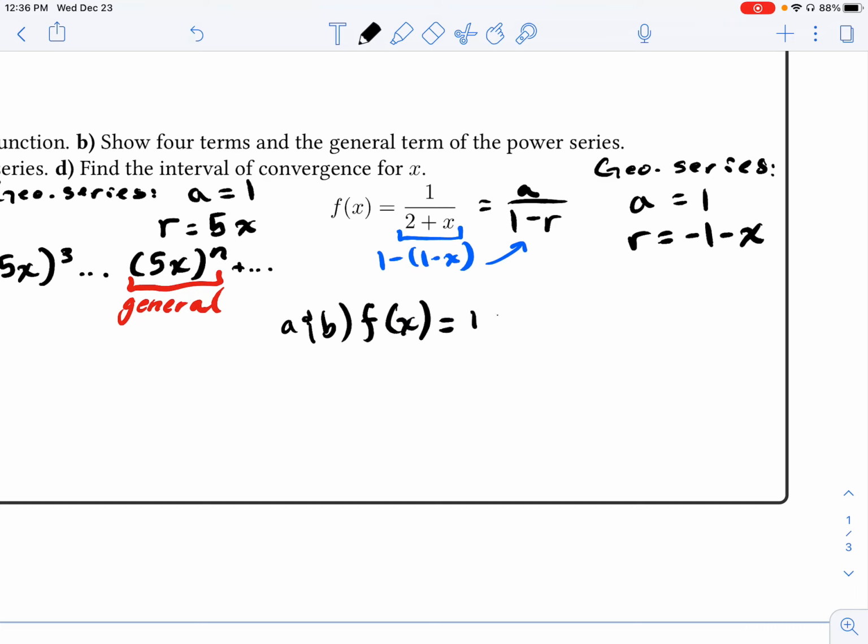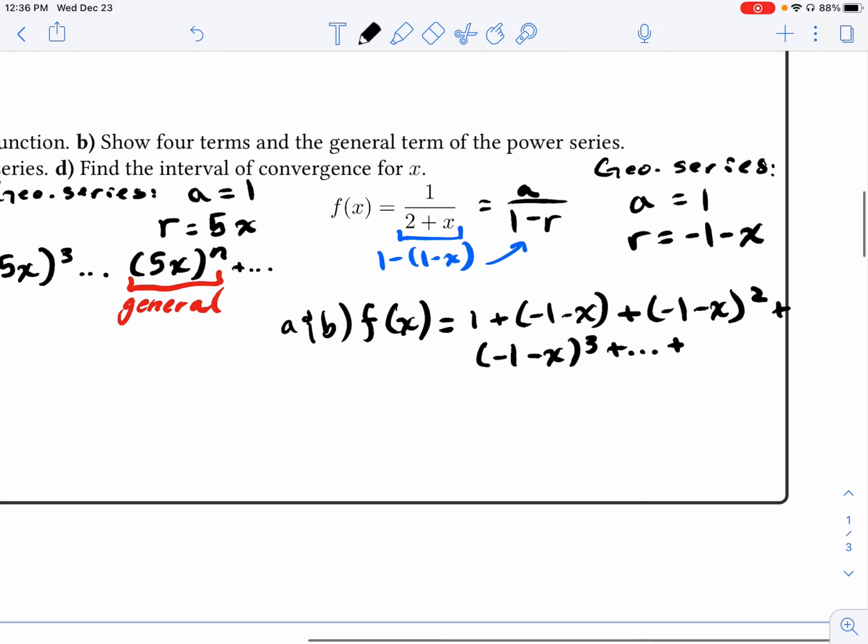We've got 1 plus (negative 1 minus x) plus (negative 1 minus x) squared plus, and I'll continue this on the next line, (negative 1 minus x) cubed. And we're going to indicate that there are an infinite number of terms, and now we can write our general term as (negative 1 minus x) to the n. And we always want to write those dots at the end of that to indicate that it is infinite.